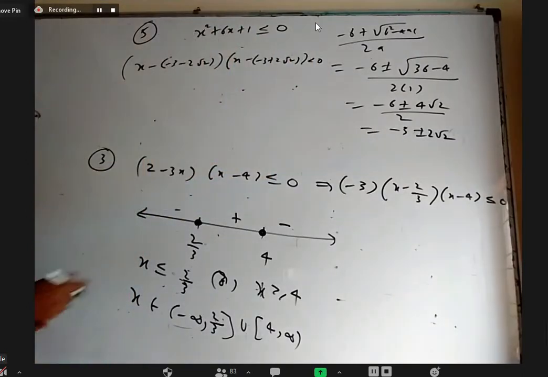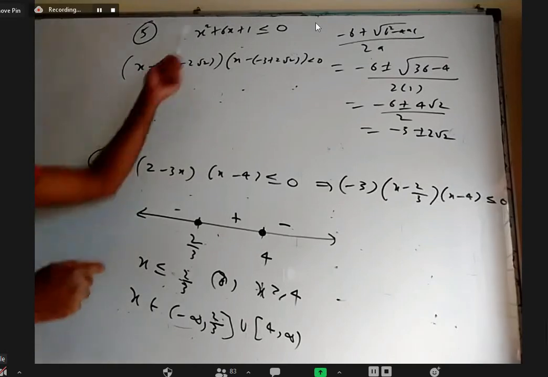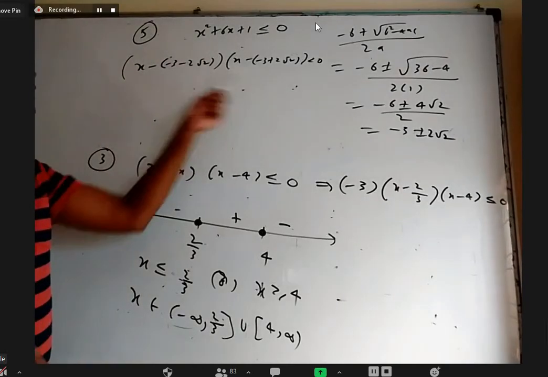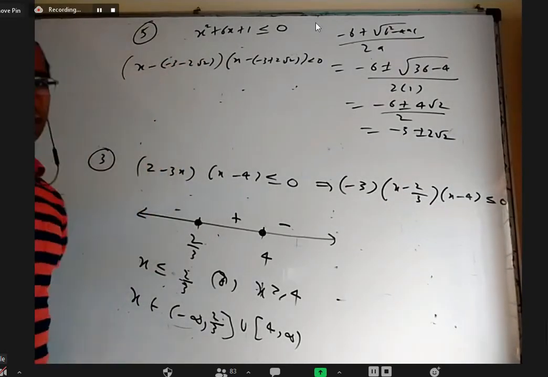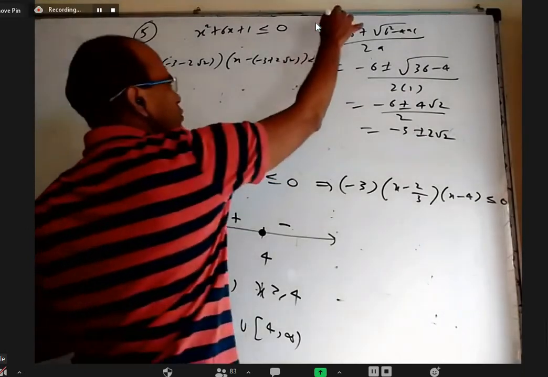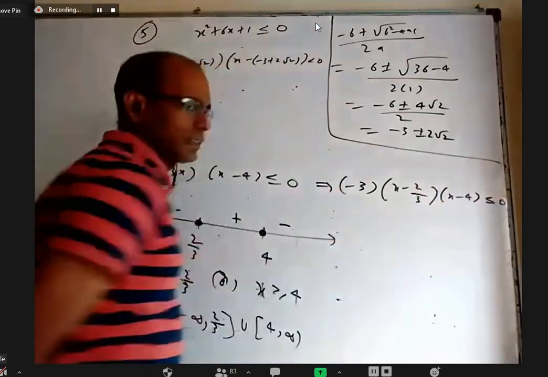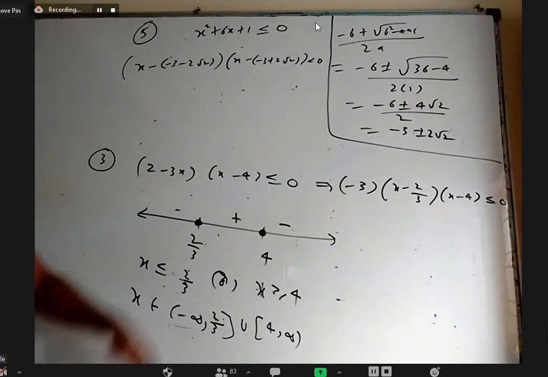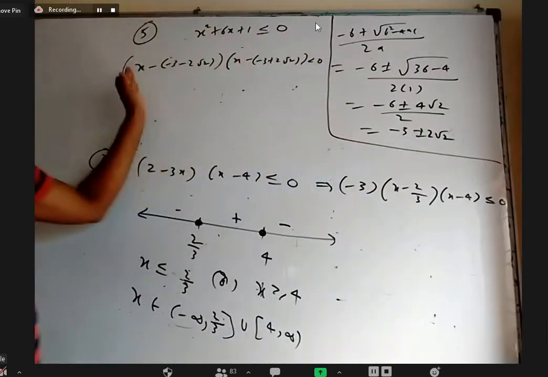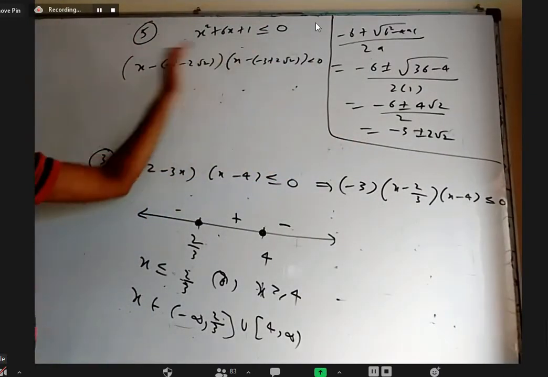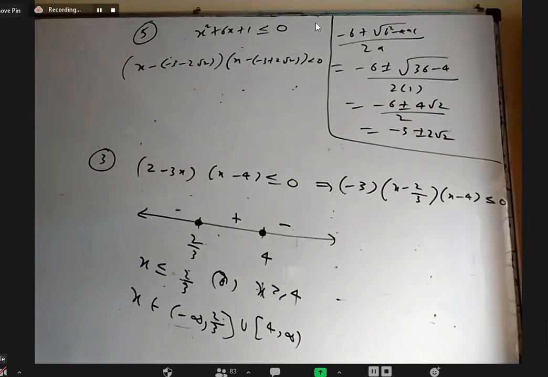Whenever for a quadratic equation roots are alpha and beta, it can be written as x minus alpha into x minus beta into a. A is 1, so I don't have to write. Whenever the roots are like 3 and 5 and 9, they're easy. Whenever the surds come, you have to find the root separately and then write in the form of x minus alpha and x minus beta, into a we should write, but here a is 1.